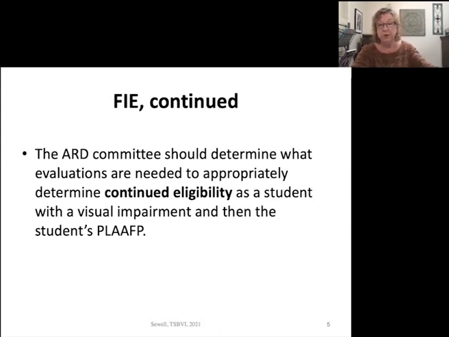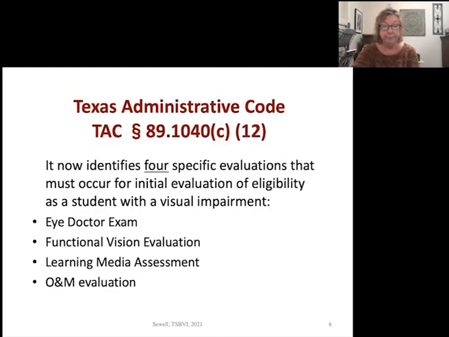If a student continues to meet criteria as a student with a visual impairment, the district should have a systematic process to ensure that all areas listed in the Texas Education Code have been considered, including all areas of the ECC. And a COMS needs to be a member of the committee that determines what evaluations are going to be used and needed.